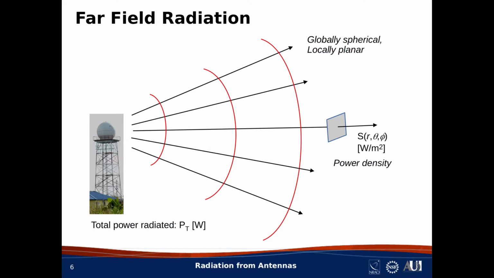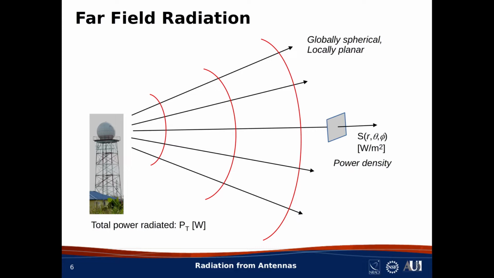Now, for weather radar, or essentially any other application, you probably want S to be very strong in one direction and relatively weak in all other directions. So let's keep track of the position at which we measure S. We'll label that position in spherical coordinates. The spherical coordinate r is distance from the antenna, whereas the spherical coordinates theta and phi give the direction from the antenna to the point at which we measure the power density.